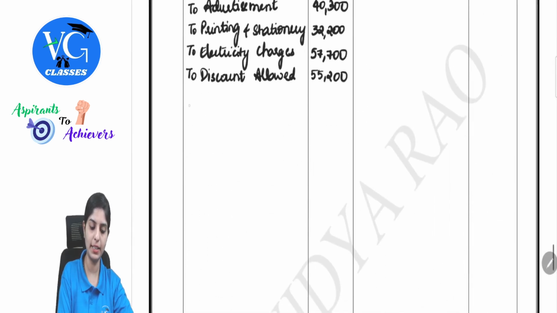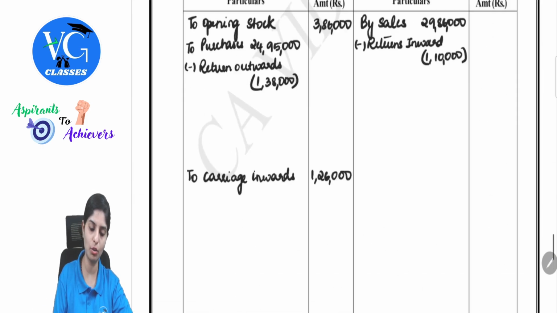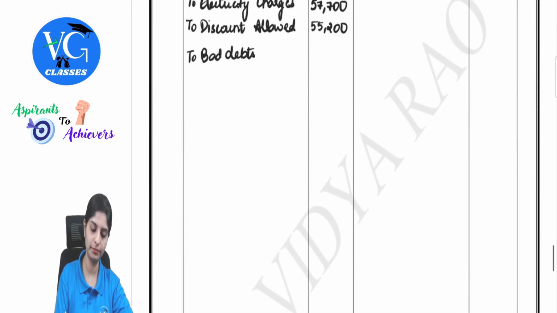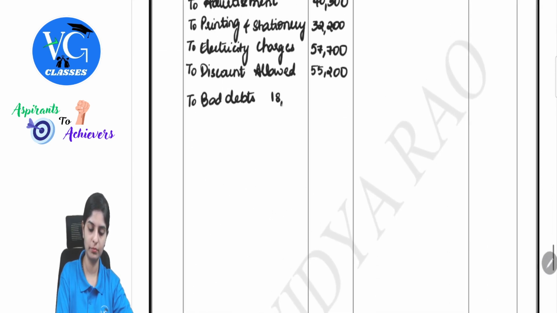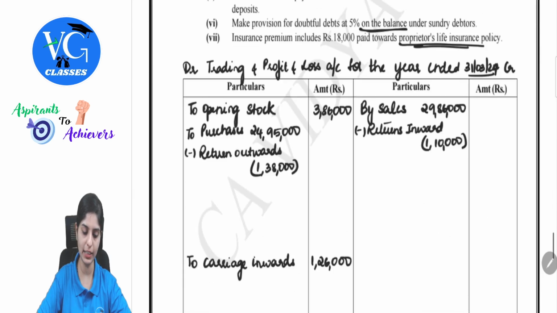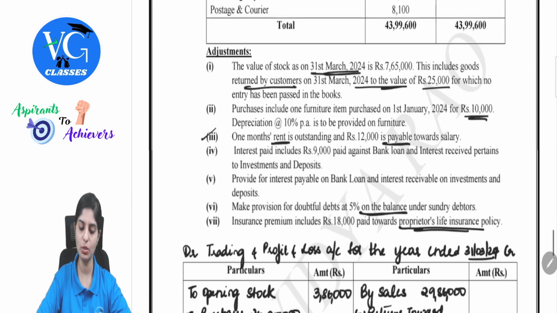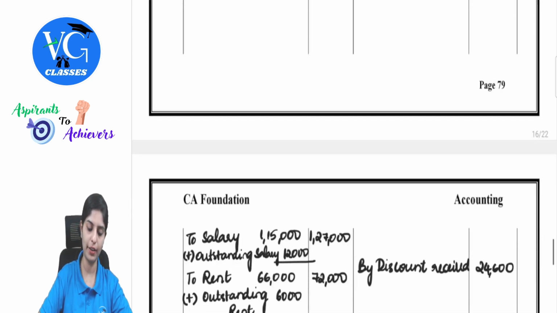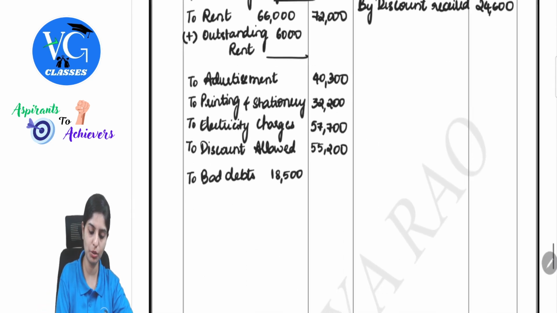Then there is bad debts. Bad debts, remember, it is coming in the trial balance, so you will only take it as a normal loss. To bad debts 18,500. I'll write it in the inner column because we have provision treatment, or else there is just one provision. You can also enter it in the outer column and then write it separately. Let me show this in the outer column itself, 18,500.